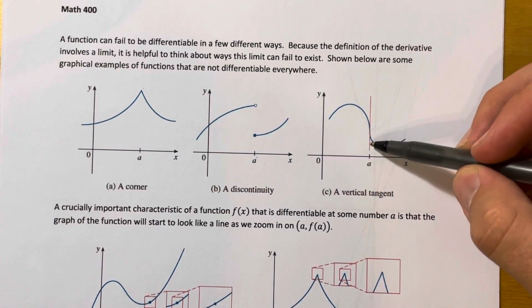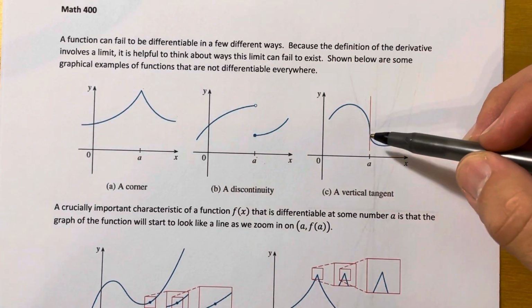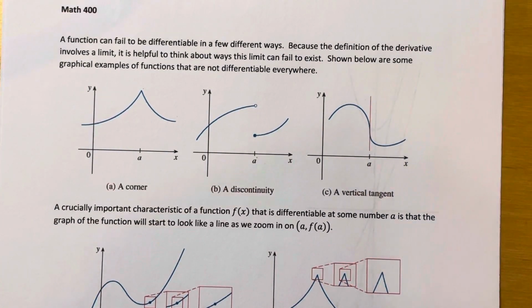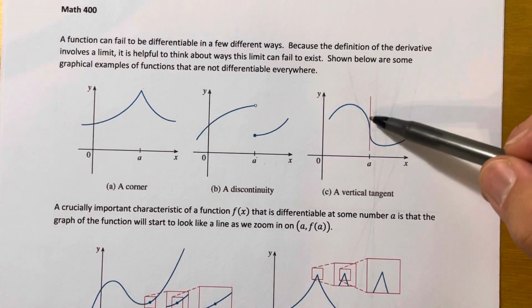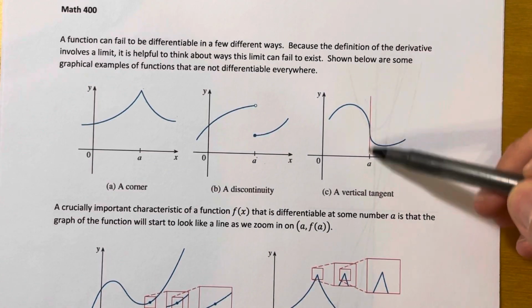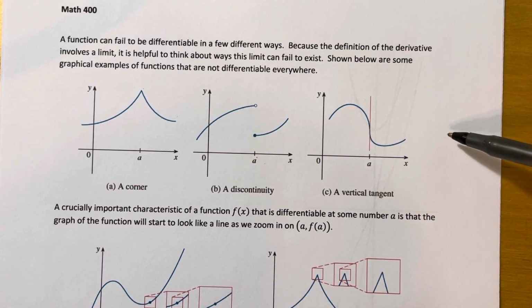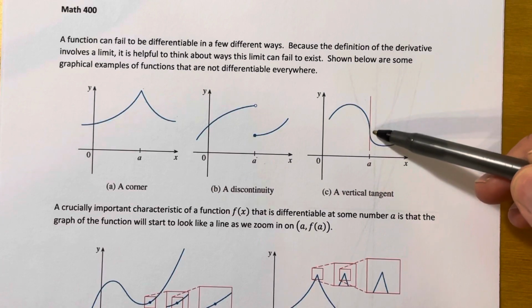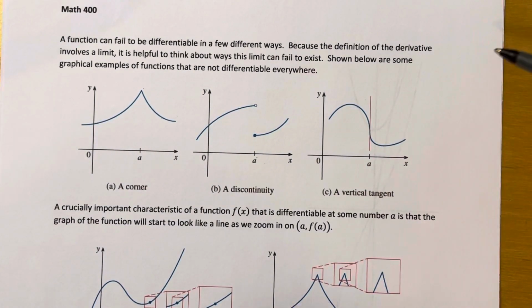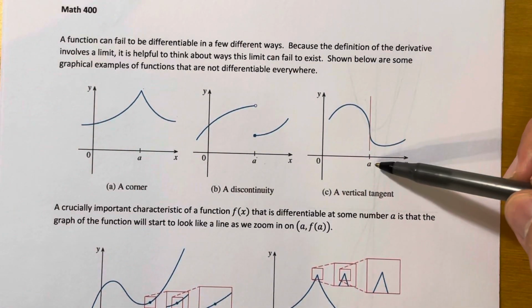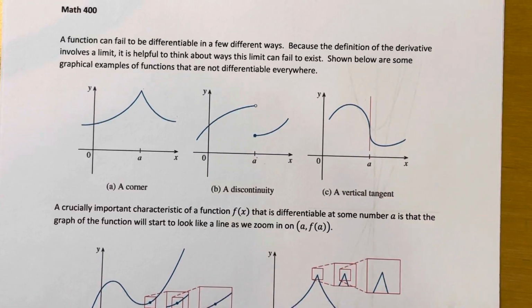The reason this function is not differentiable there is because from algebra, you know that when you're using the slope formula to find the slope of a line, vertical lines have an undefined slope. That would mean f prime of a is undefined, which is just another way of saying it doesn't exist. So this function is not differentiable at a either.